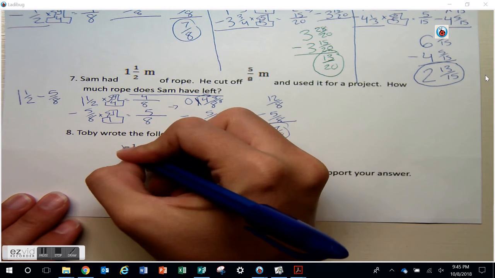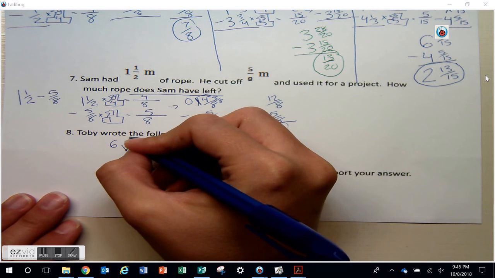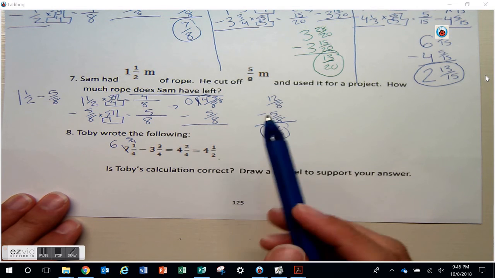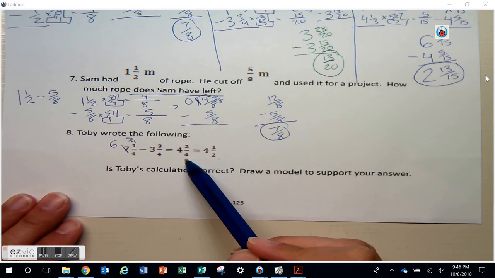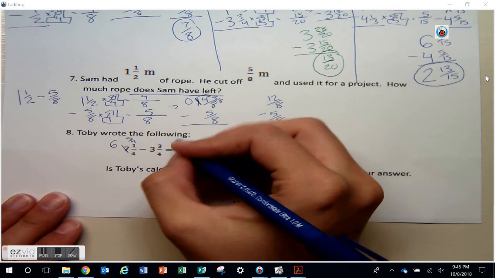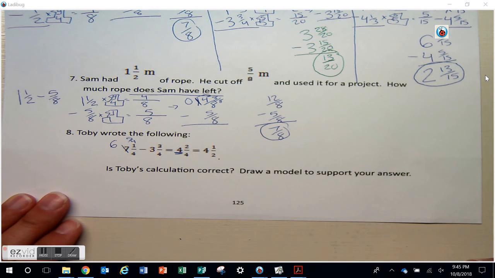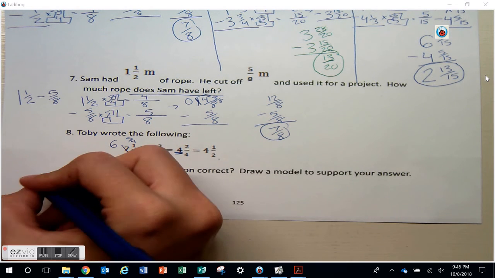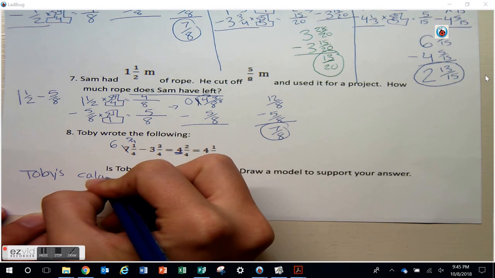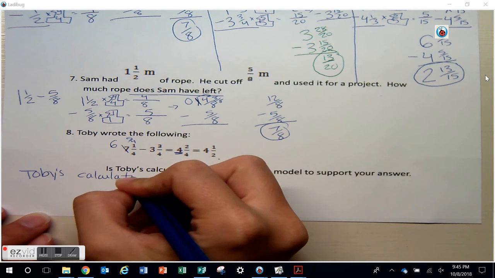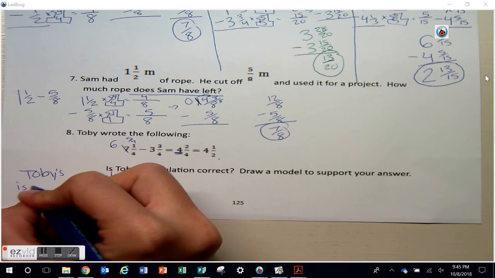This would become a 6. This would become 5/4. Well, 5/4 minus 3/4 is in fact 2/4. But 6 minus 3 is not 4. So, Toby's calculation is incorrect.